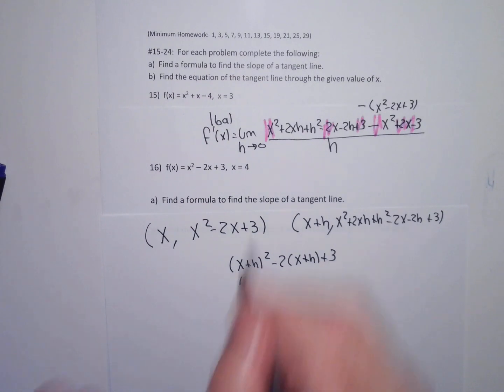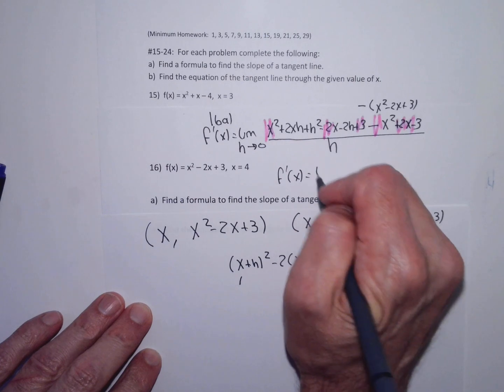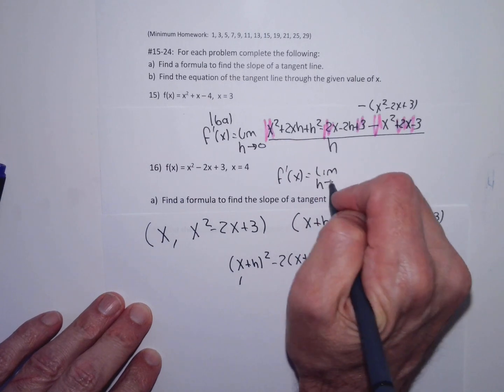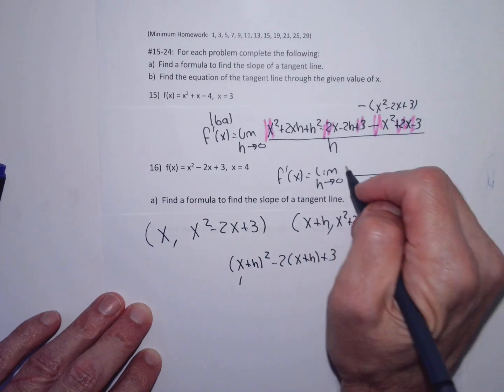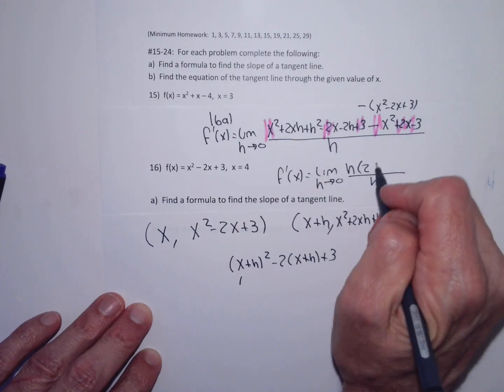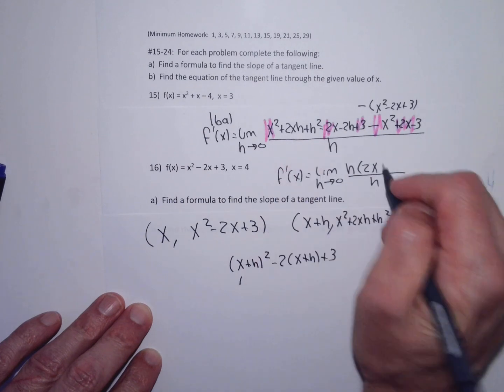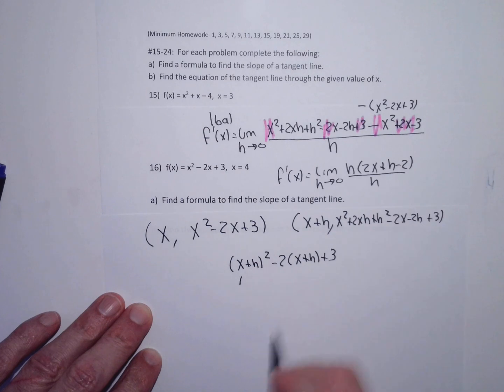I factor out the common factor of h and get f prime of x is the limit as h goes to 0. The denominator is h. In the numerator, I factor out an h. From the 2xh, I'm left with 2x. From the h squared, I'm left with plus h. From the minus 2h, I'm left with minus 2.